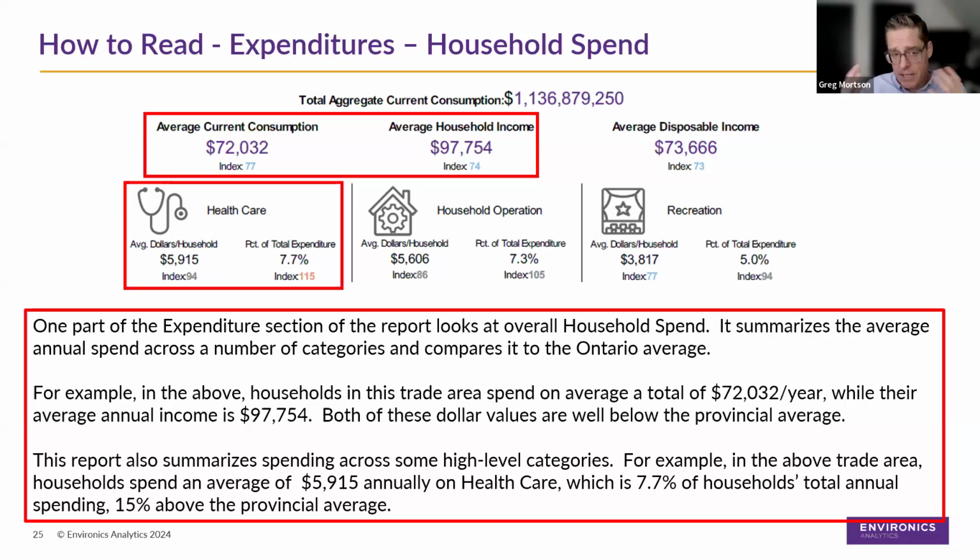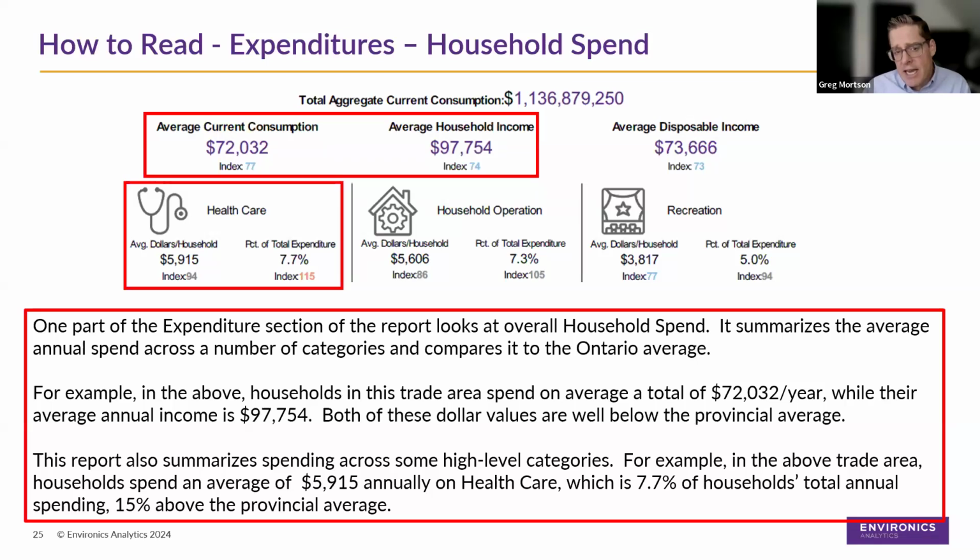One of them happens to be healthcare, which aligns very well to folks here. You can see that on average, households within my trade area spend almost $6,000 per year on healthcare, which is just slightly below the provincial average, but pretty close to at par with what people are spending across the province.